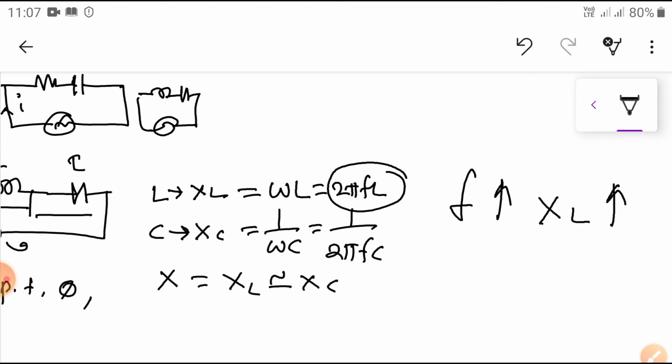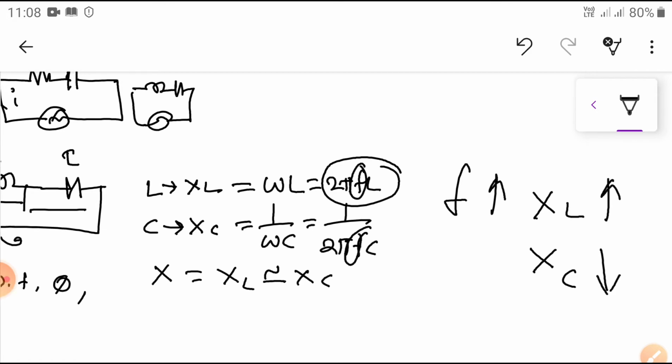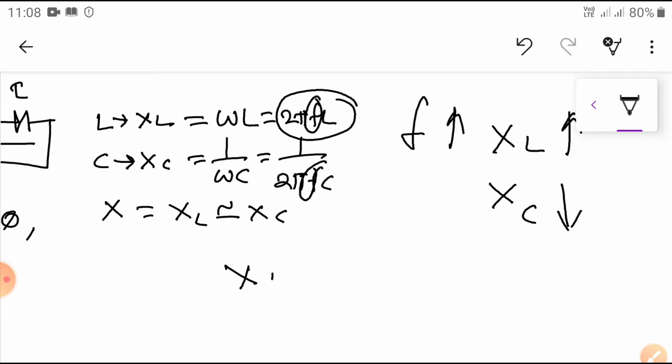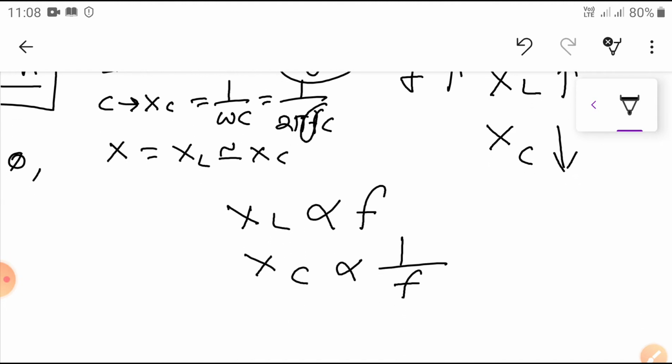If frequency increases, the XC value decreases, inversely proportional. That is, XL is directly proportional to the frequency, whereas XC is inversely proportional to the frequency. So these are the two terms.